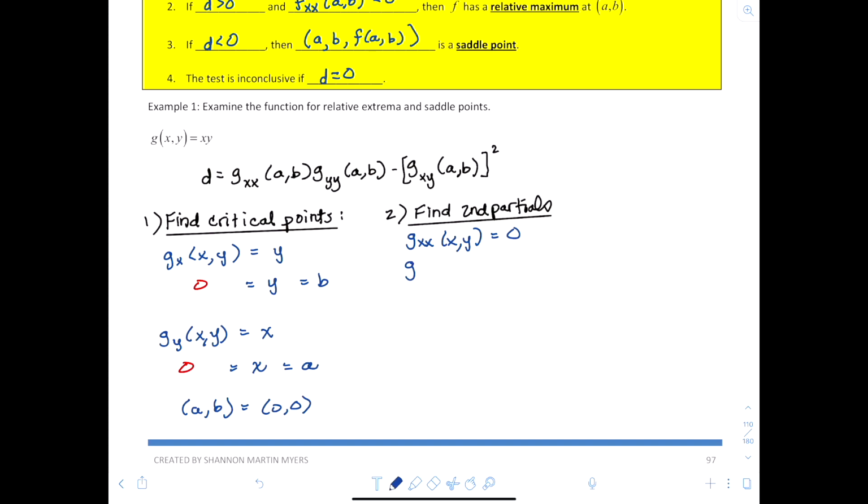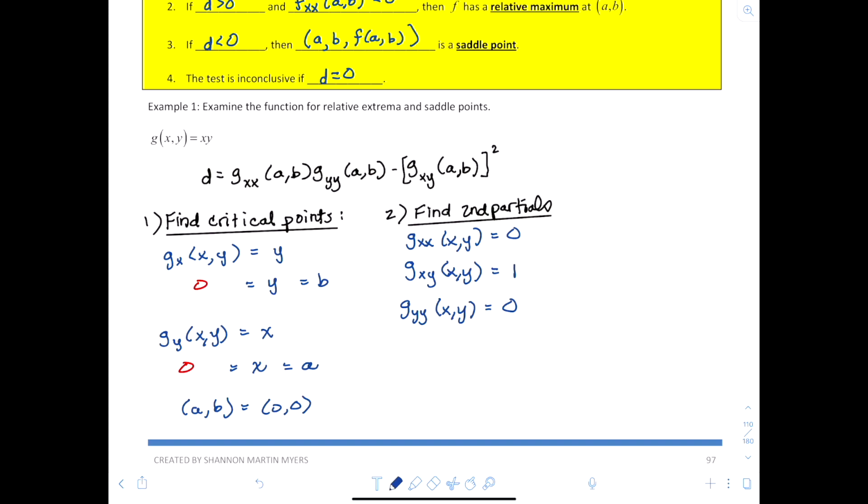Gxy at x and y would be 1 because we would be treating the first partial, gx, we'd be differentiating that with respect to y, so we would get 1. And then gyy at x and y is going to equal to, good, 0. Cool so far?